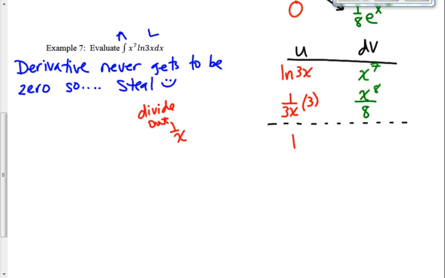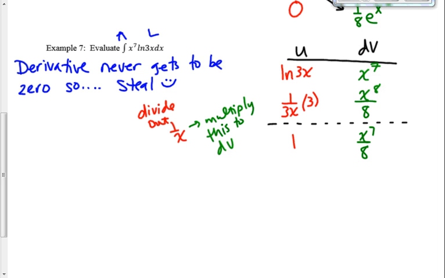And when I take that out, I'm going to multiply that to my dv. So my dv is then not going to be x to the 8 anymore. It's going to be x to the 7th. But I still have my divided by 8.